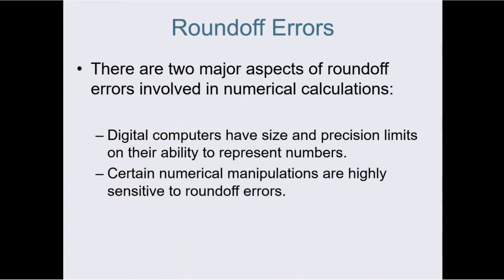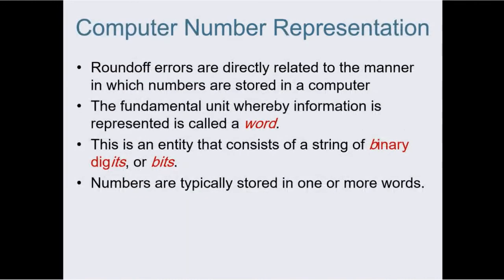Even if you have small errors, the results that you get from doing this mathematical operation on these numbers will end up with a very big error. Let us first see how a computer represents numbers.